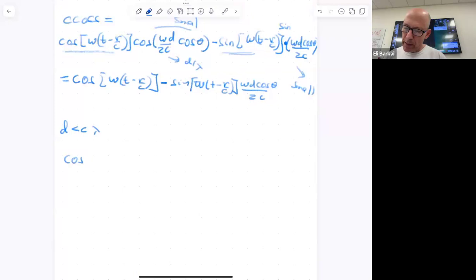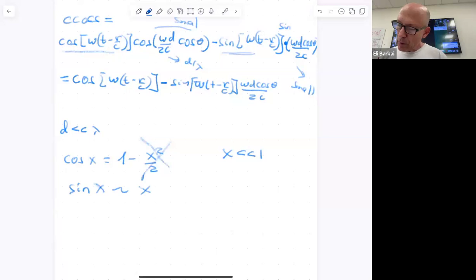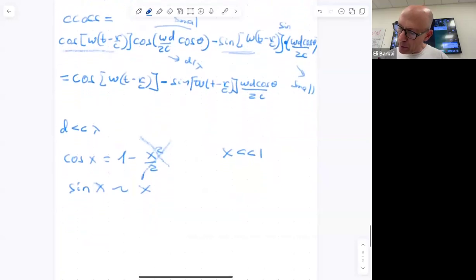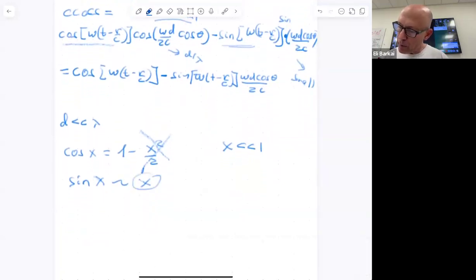So what I'm doing here is, some cosine, let's call it x, is 1 minus, as the person said here before, x is much, much smaller than 1. What is sine x? It is x. I'm neglecting these terms. This is why I did not expand it to higher order here. But I'm not neglecting the terms linear in x, which come here. Okay, so this correction is the leading one. So this is the leading, which is a trivial term.